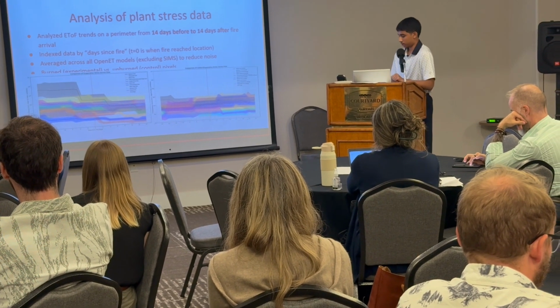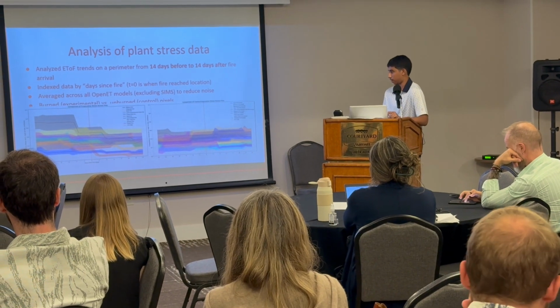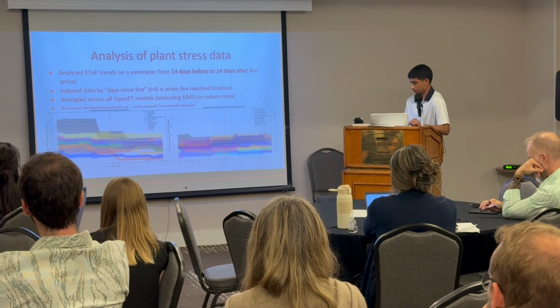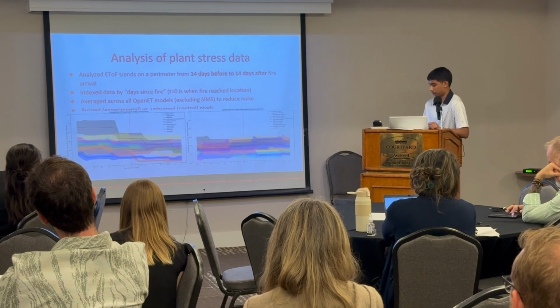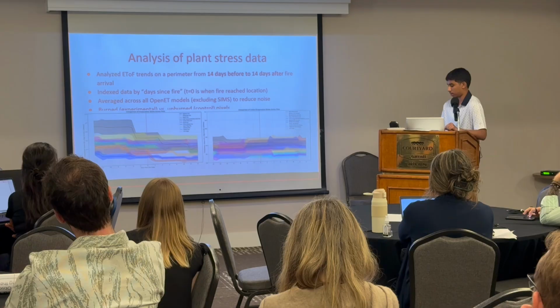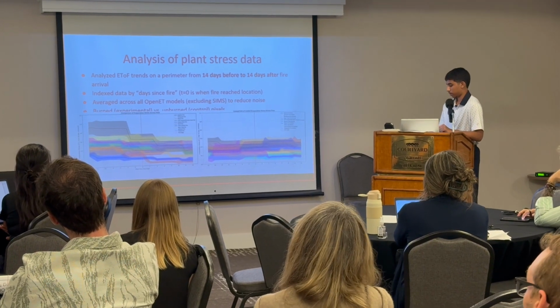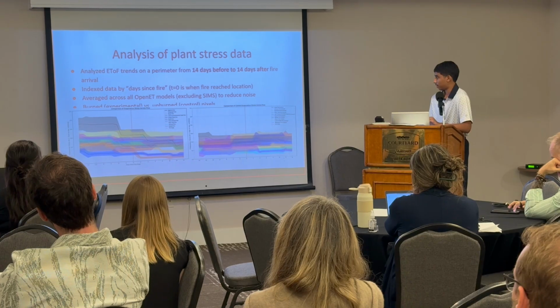So for each of the fire perimeters in this slide, we took an evaporative stress time series over these perimeters from 14 days before to 14 days after fire arrival, using day t equals 0 as the day that the fire arrived.